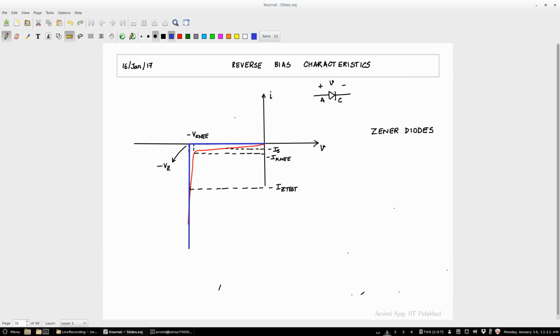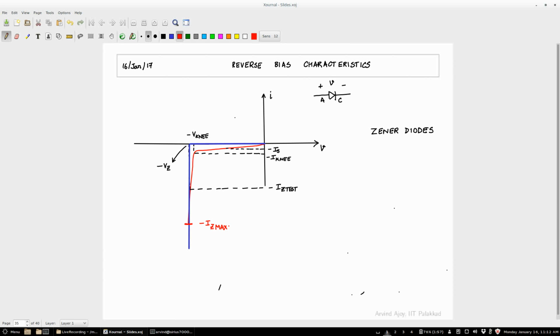All right, that's the simplest approximation that you can do, and we will design circuits using this simple approximation. All right, the only thing you have to mind is that for this device to actually operate, your current should be in the negative sense more than I knee. If less than I knee, your device will not really operate well. So when you design your circuit, you will ensure that the current is more than I knee, in its negative sense.